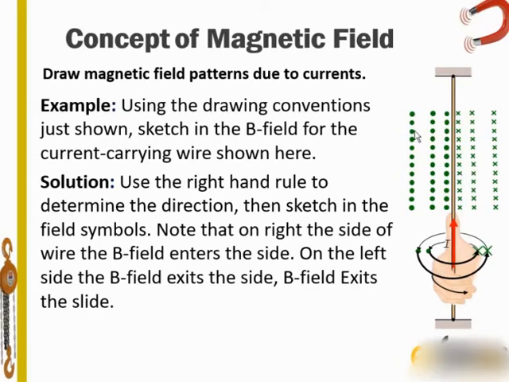There's a gap separating them which gets bigger and bigger as you go to the left. And for the crosses, which represent the magnetic field lines going into the paper, the gaps between the X's are getting wider and wider, indicating that the magnetic field is getting weaker the further you move away from the wire.